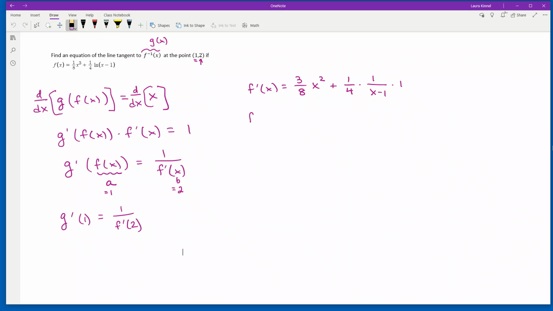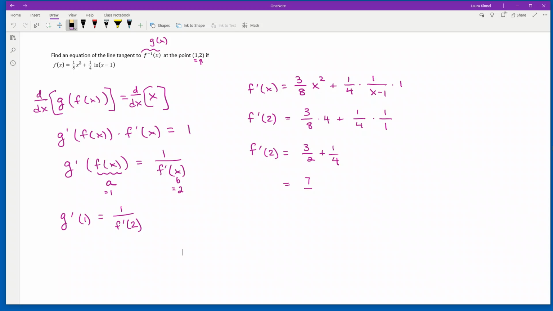the Y value. F prime of 2 is 3/8 times 4 plus 1/4 times 1 over 1. F prime of 2 equals 3/2 plus 1/4. 3/2 is 6/4, so that's 7/4.